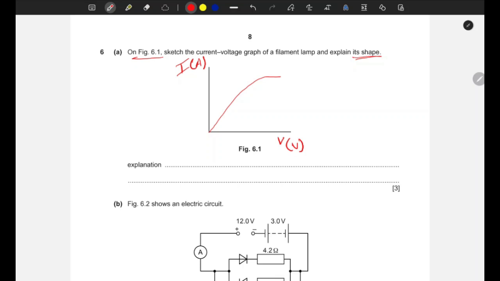So explanation, this is because as the current increases, the temperature increases. So when the temperature increases, that means the resistance would also increase, so there would be a decreasing current.